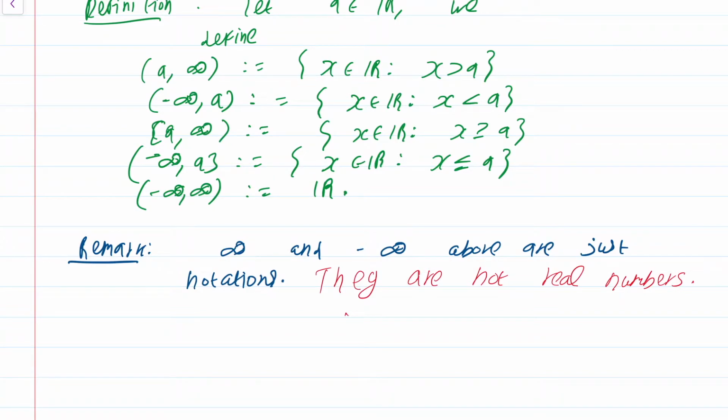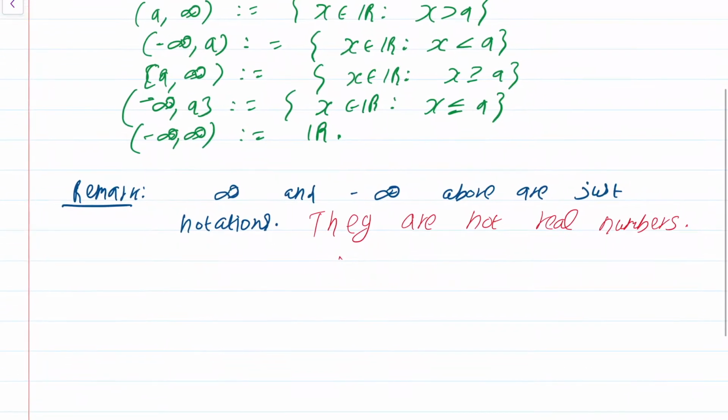Okay, so there are several definitions we'll have to make. So first, let's make the definition of a set having arbitrarily large elements. Definition.